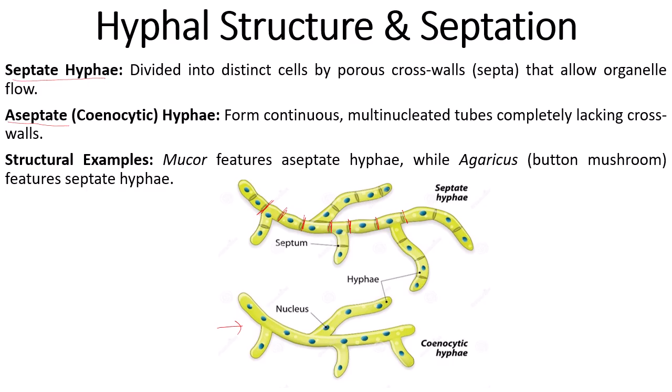And the example of that, Mucor features aseptate hyphae, while Agaricus, a common button mushroom, features septate hyphae. So this is the difference between septate and aseptate hyphae.